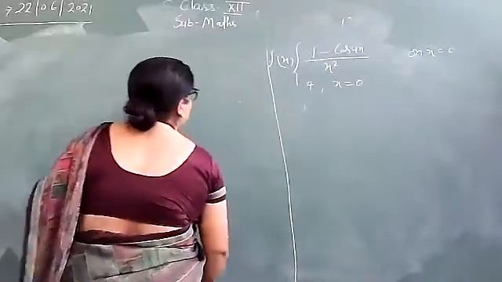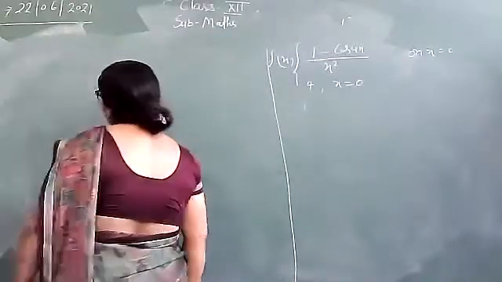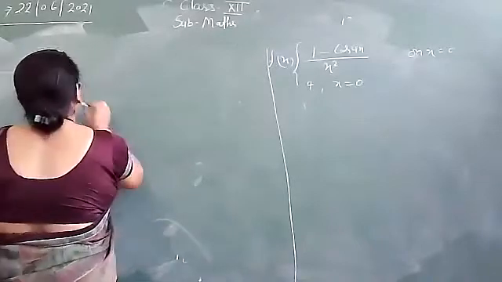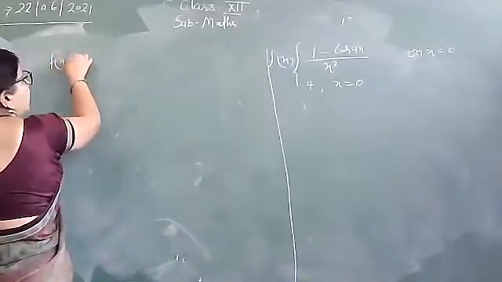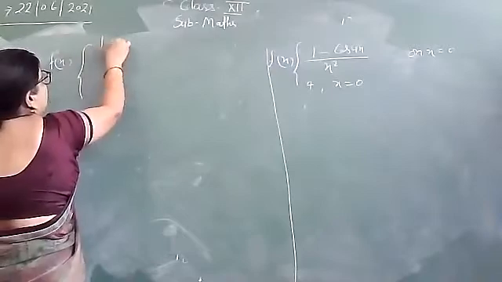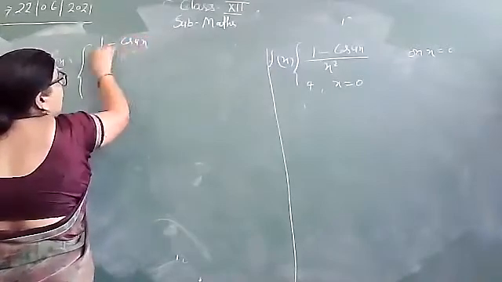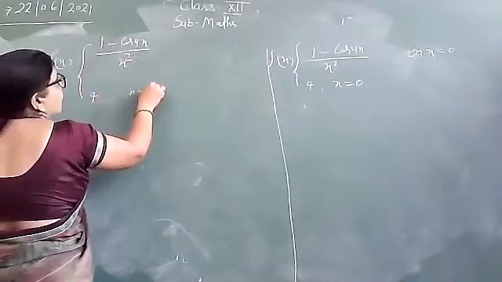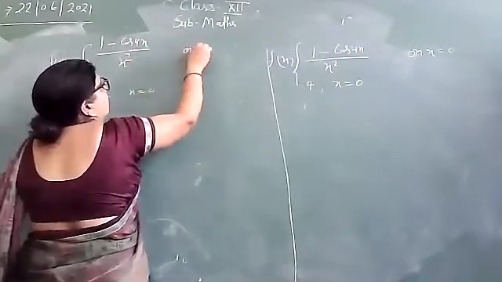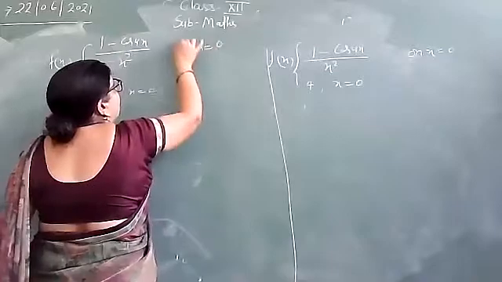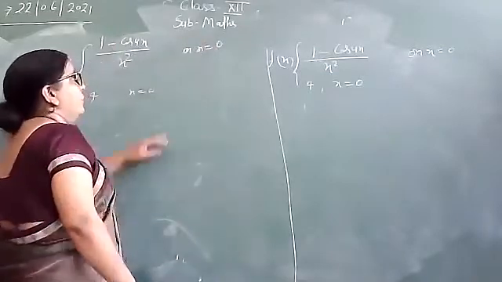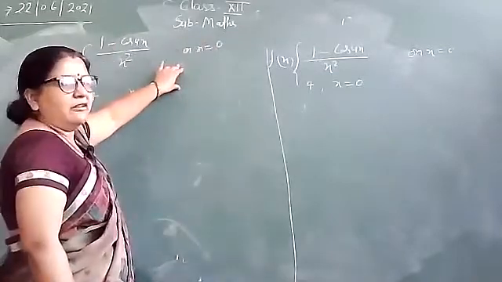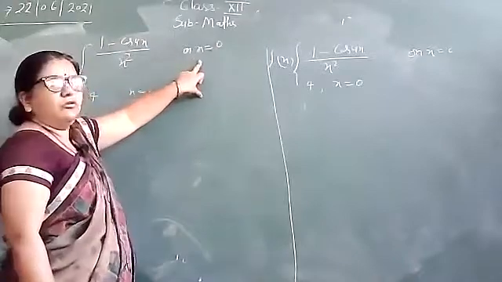Now there we use another question. The second question is here: f(x) equal to 1 minus cos 4x upon x square for x not equal to 0, and at x equal to 0 a given value. In this question we prove whether the function is continuous or discontinuous at x equal to 0.